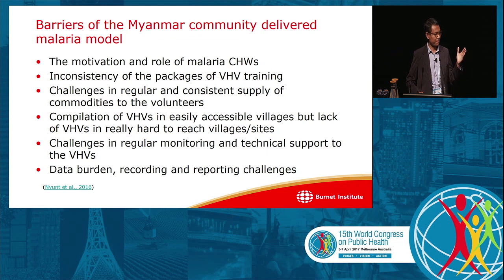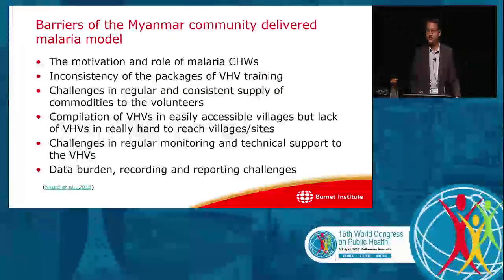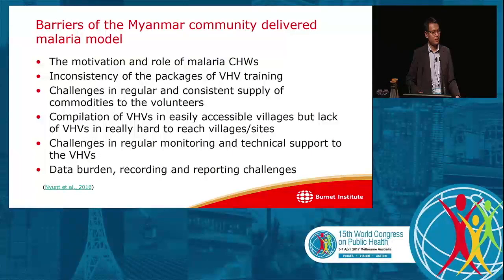Because of the decline of malaria prevalence in Myanmar, the role of the community health worker has also declined. In the villages, they used to be very important people, because most of the illness in the village was malaria. When people came and saw the village volunteer, they got tested and treated, and so they recovered from the illness.